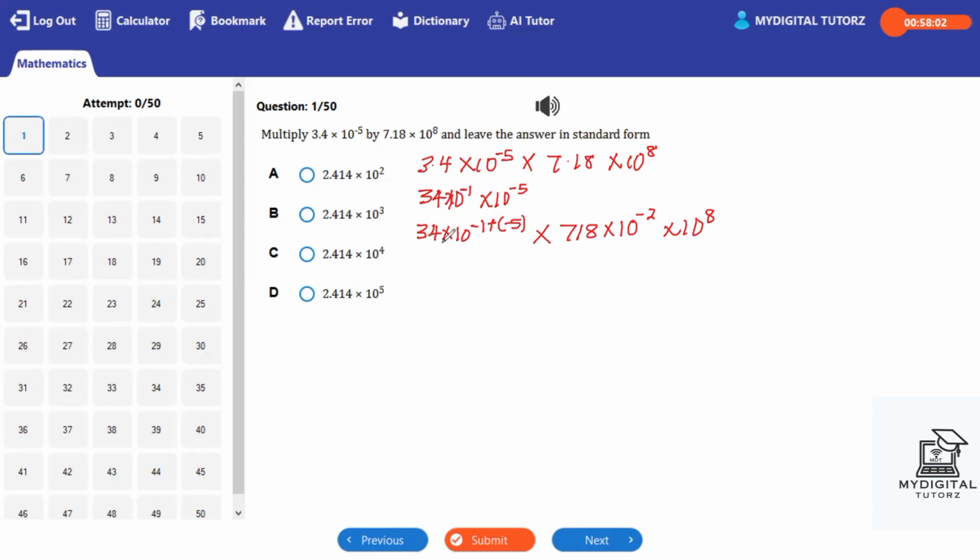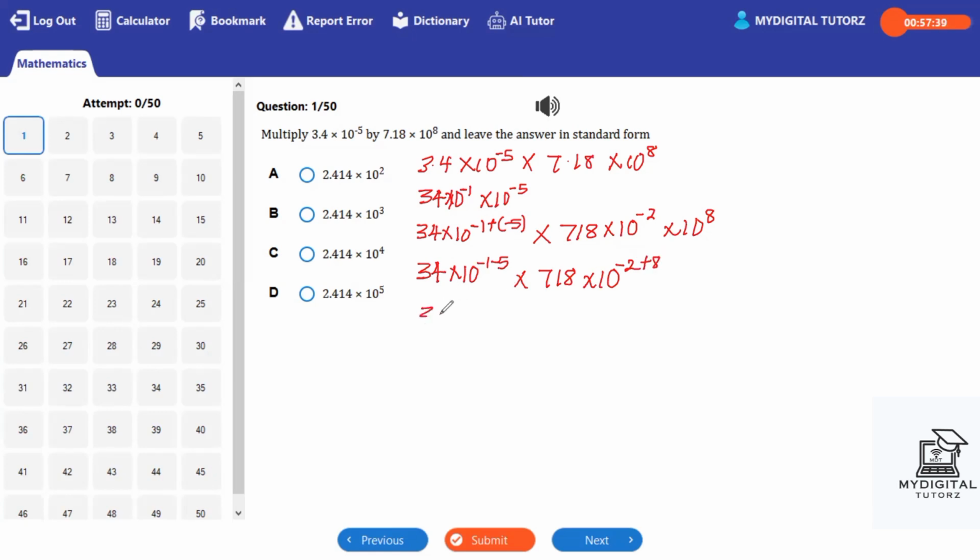Good. So here I have 34 times 10 raised to power minus 1, plus minus 5, multiplied by 718 times 10 raised to power minus 2, plus 8. I hope we are together.